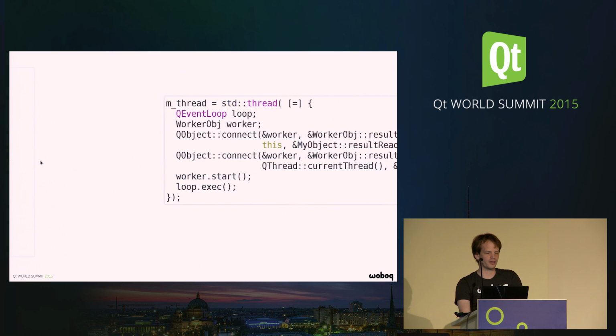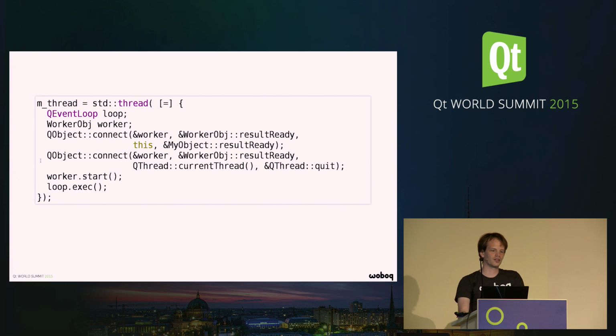In this other example, I just create my std::thread. I instantiate a QEventLoop in it, so I can use timers and Qt connections and anything, and then I can have a worker object. Here the this pointer is the object from which the function is called.